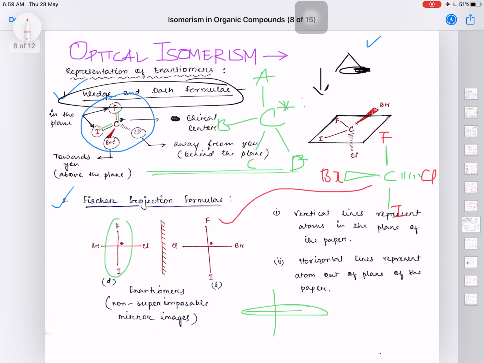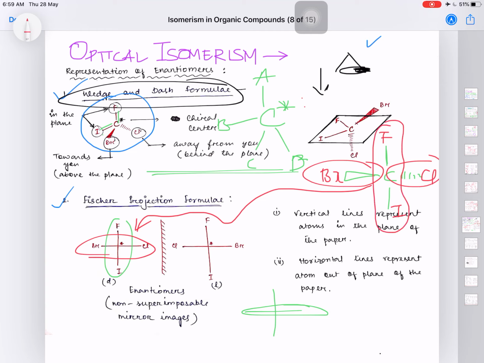It is this structure. And for this structure, you see the horizontal lines are the bonds that are above the plane or below the plane, and the vertical lines tell us about the bonds that are in the plane of the paper. So this representation is called your Fischer projection formula.